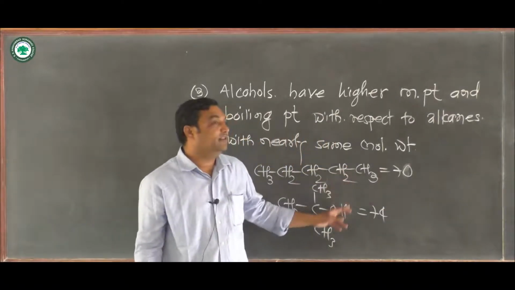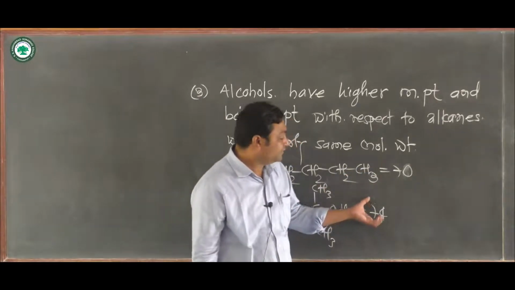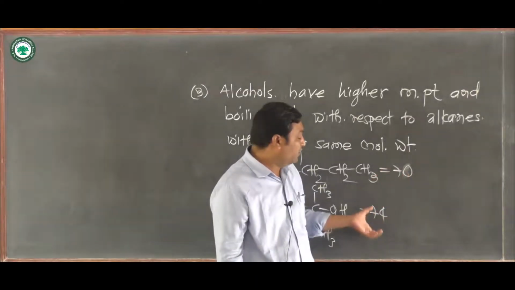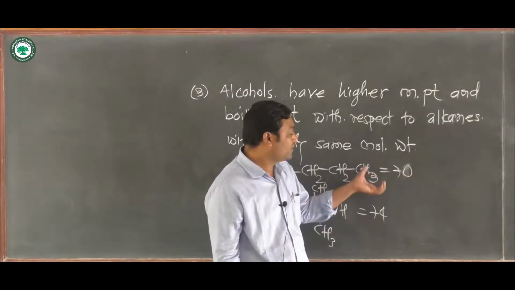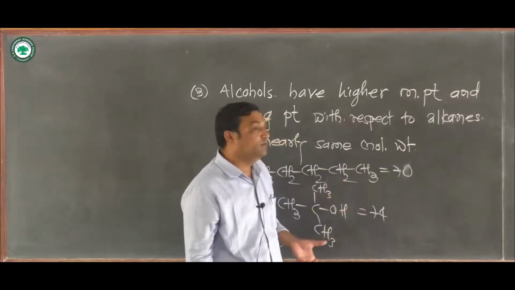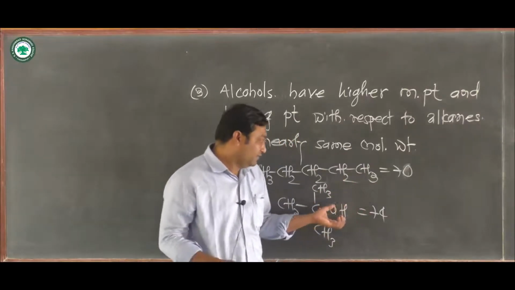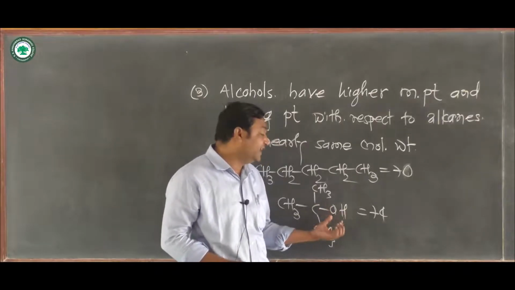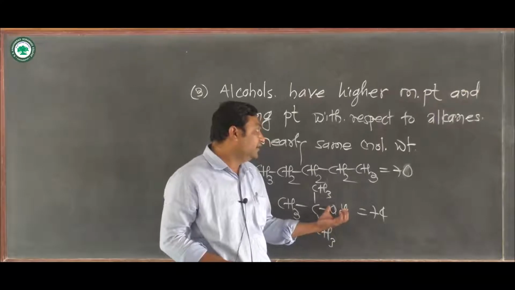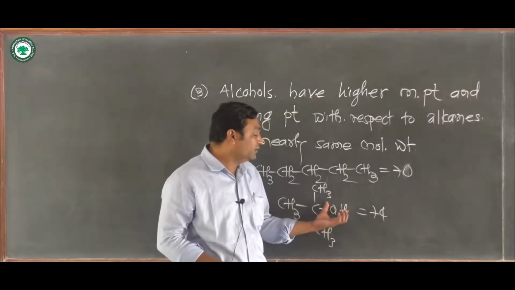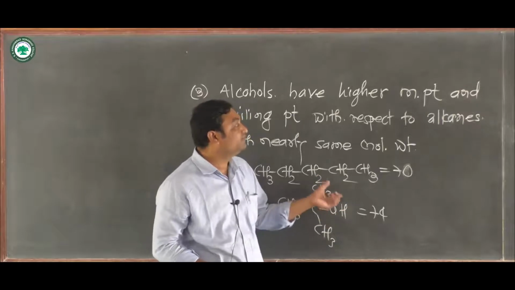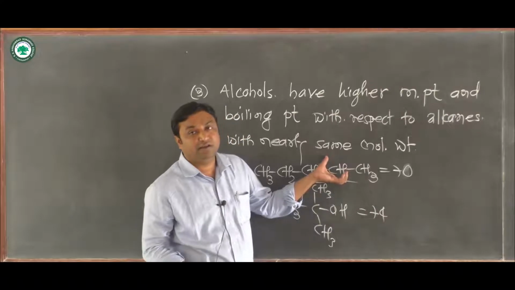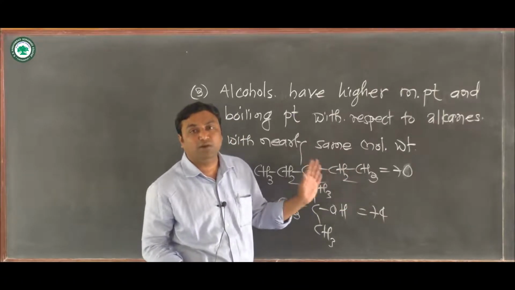When we compare the molecular weight of these two, one has 74, whereas the other has 70. Now, when we compare the boiling point of these two, definitely on the basis of hydrogen bonding present in alcohol, we say that the boiling point of this alcohol is high as compared to this alkane, despite having nearly the same molecular weight.